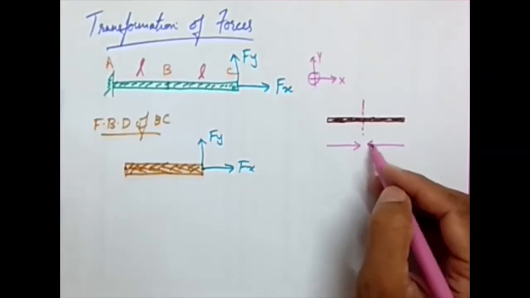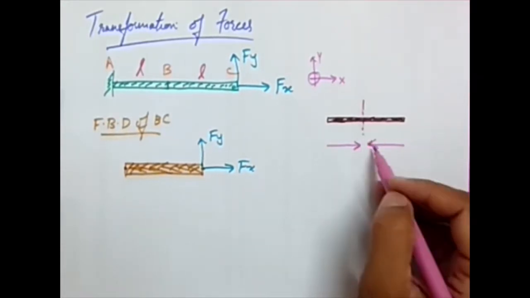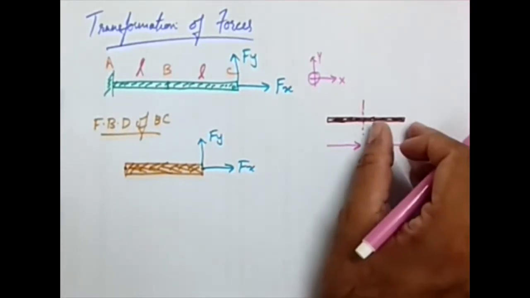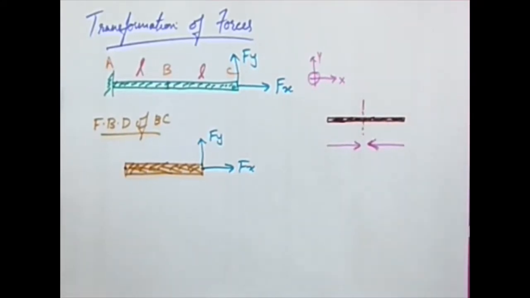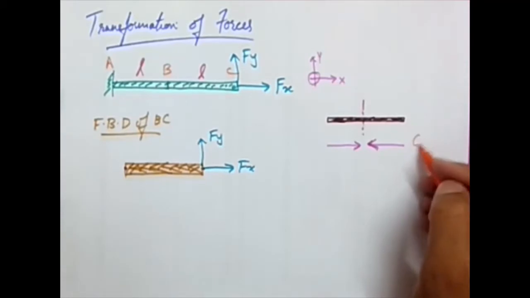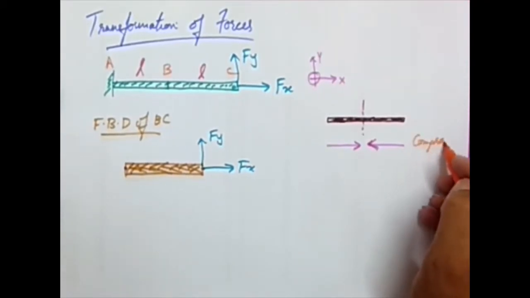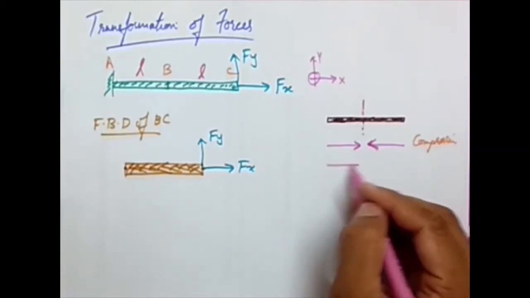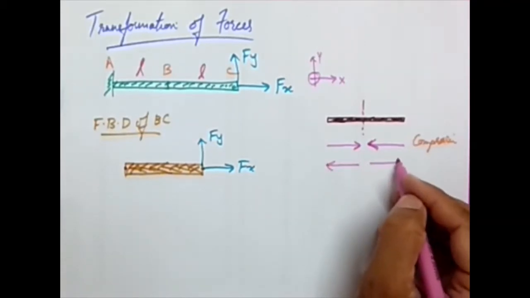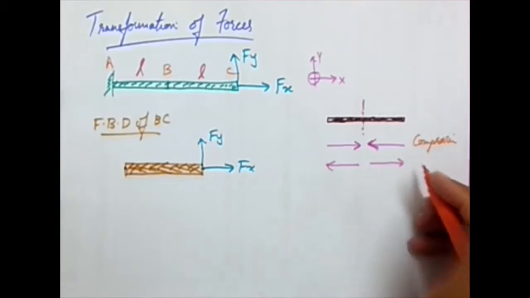If I cut a section at this particular point, I will represent this member and this member as forces. This is the case when the nature of the force is compression, so you already have the sign convention. If it is tension, this is the sign convention that we normally adopt.